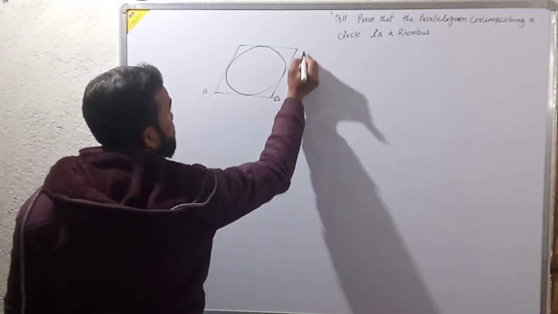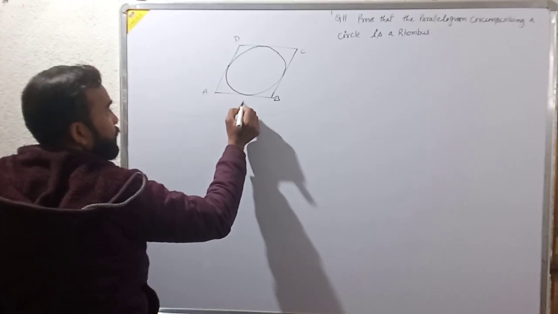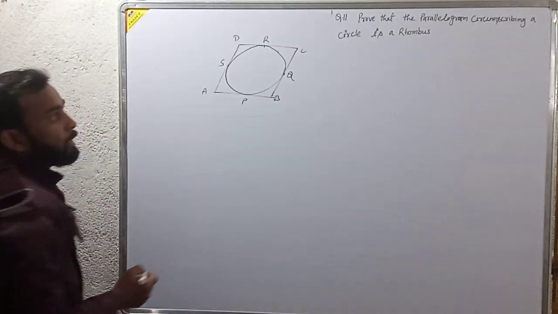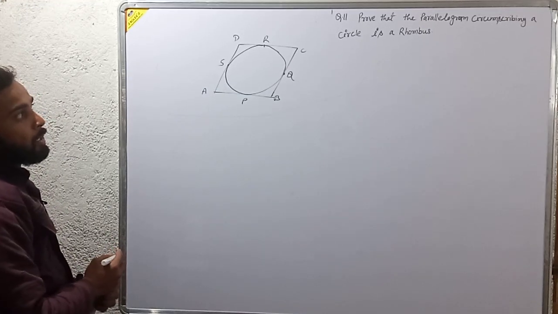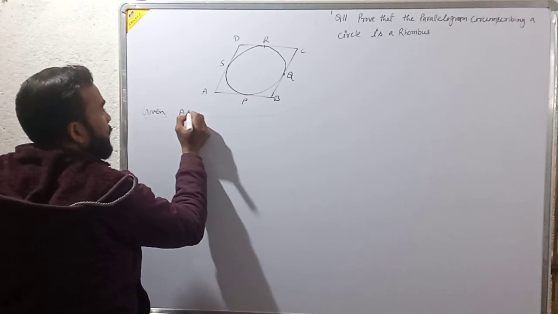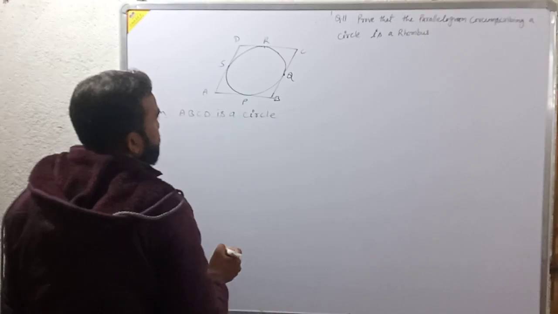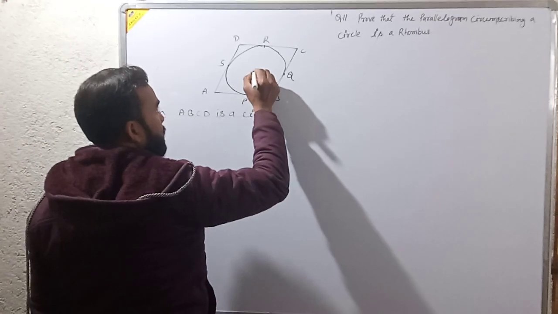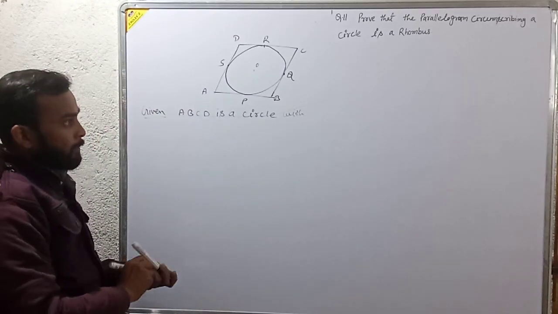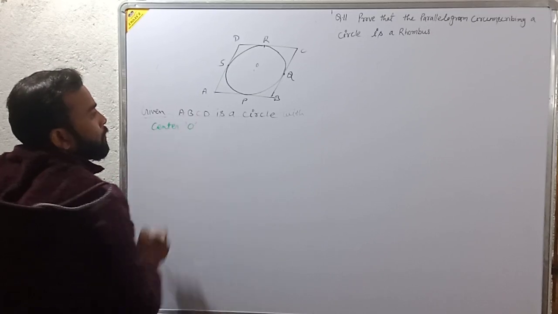Let ABCD be a parallelogram and P, Q, R, S are the points at which it touches the circle. Given: ABCD is a parallelogram circumscribing a circle with center O. Clear?